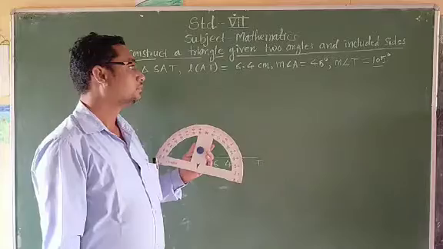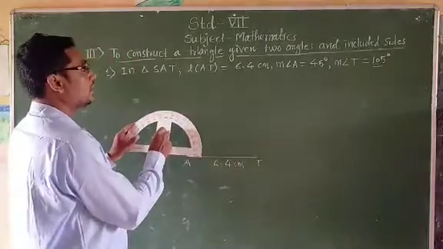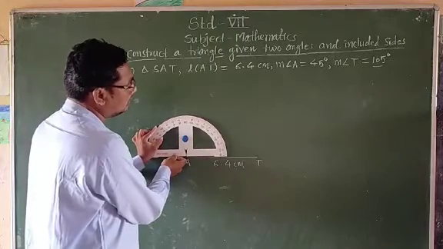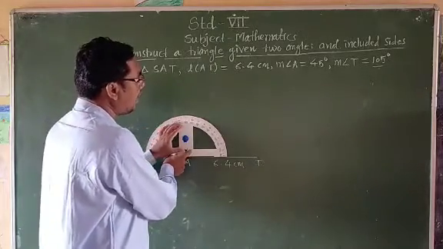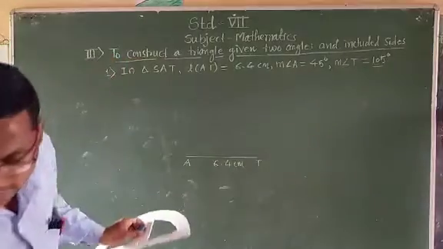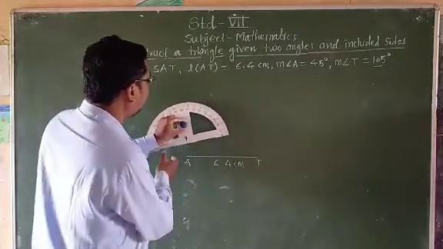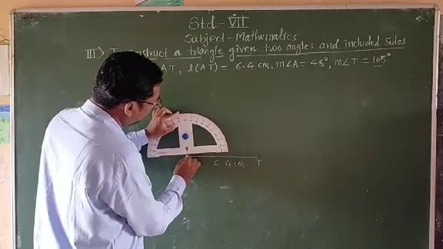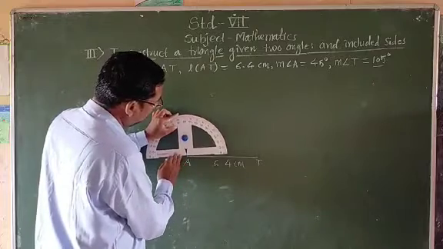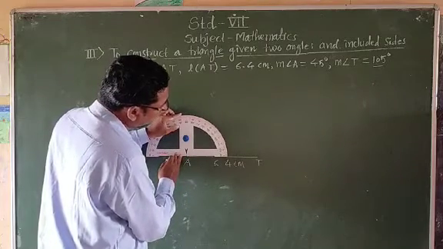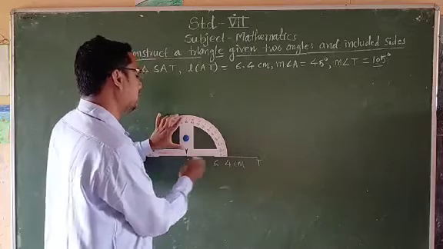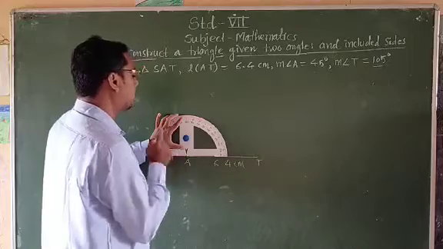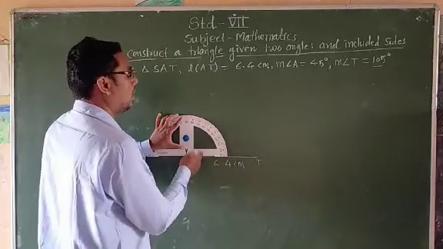Okay. So look here, angle A is 45 degree. It is an acute angle. Put the pointer of the protractor on the point A, and it should be parallel to AT. AT शी समांतर असला पाहिजे.